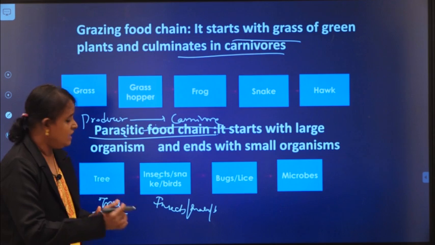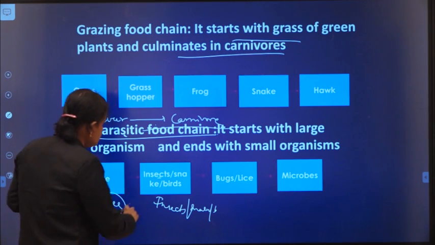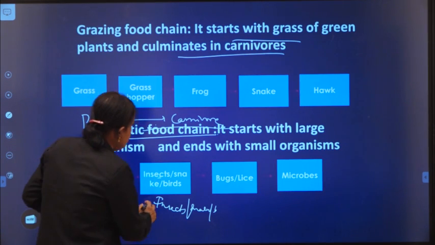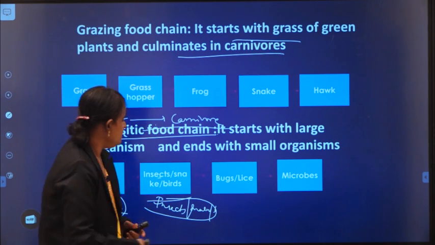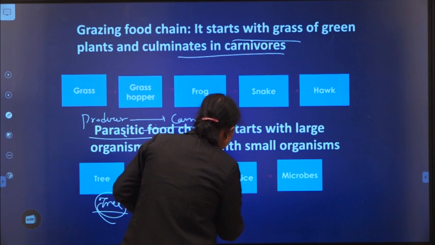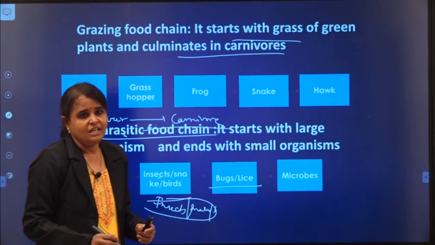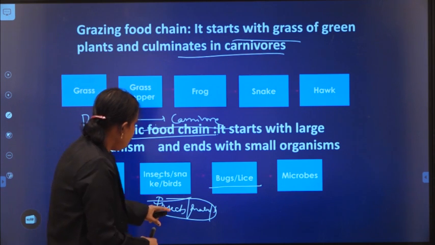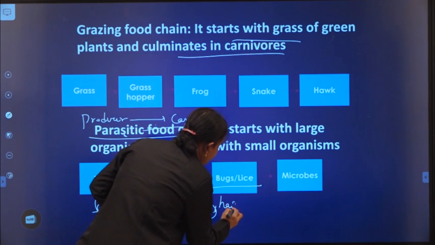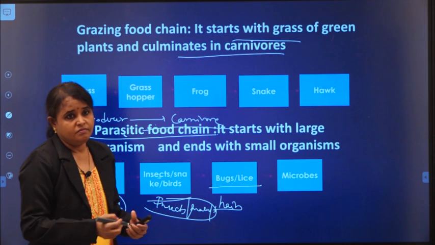See, the food chain here started with the large organism, that is the tree. From the tree, insects, birds, small organisms. What are these? Bugs and lice. These are pests. These are very small. They live in the hair or feathers.